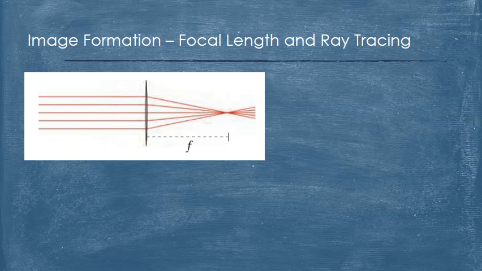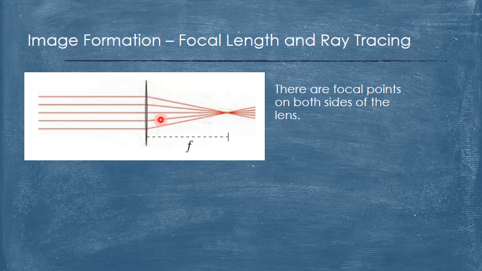So how do we create these image formations or estimate where they are? One way is if the light comes in parallel to the lens axis, then all light rays get bent through the focal point. And so that is the focal point of the lens. That's what we call a focal point.